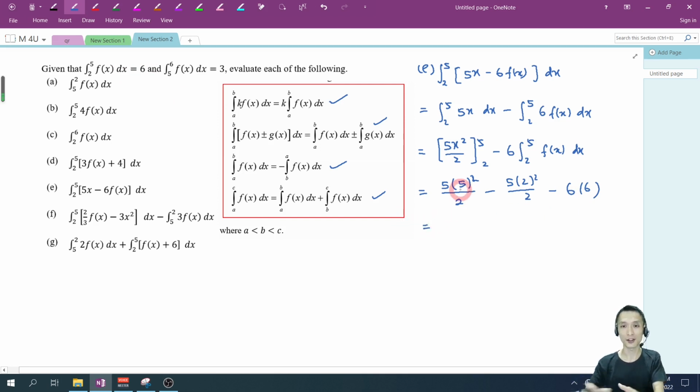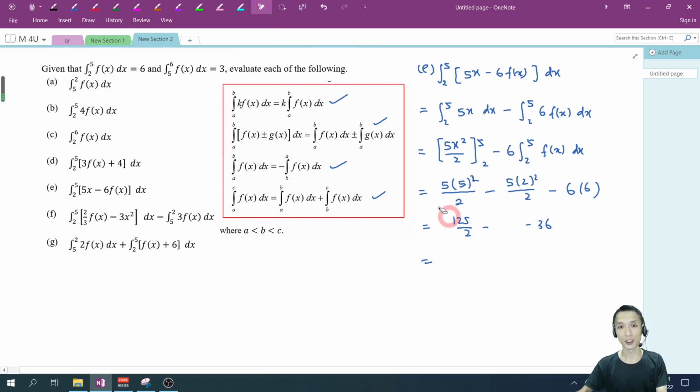Here you can use your calculator to help you calculate. Let me check again.